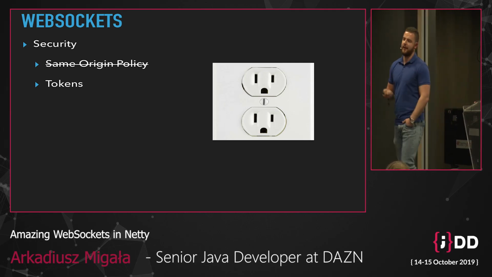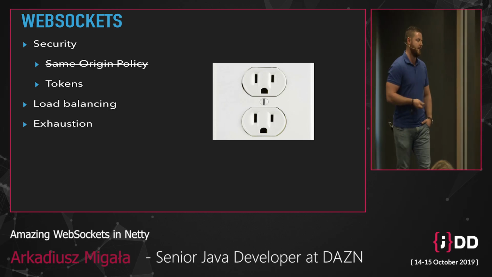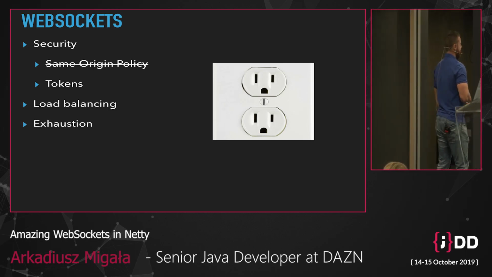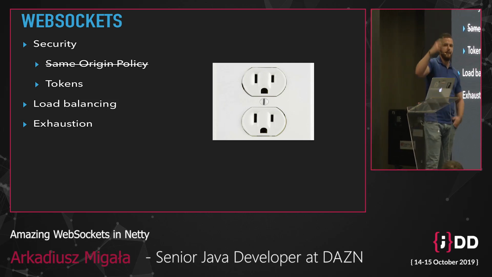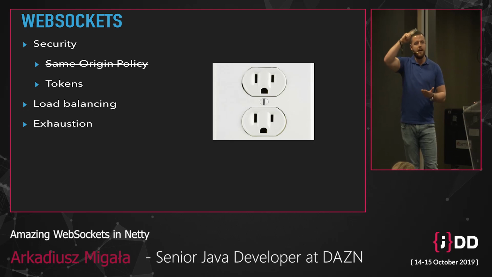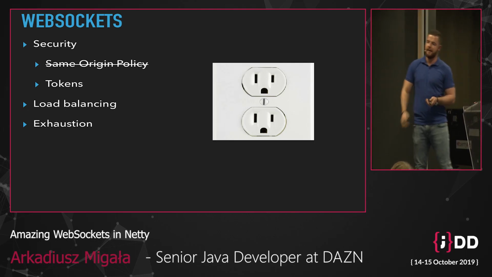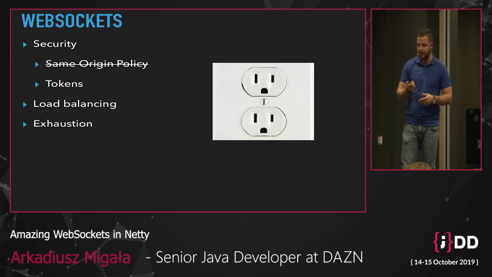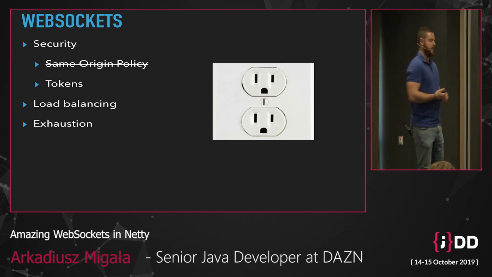It is also good practice to add tokens to the request. But load balancing can be tricky here, because if we have multiple instances, then we want one client to be handled each time by the same server. It can be tricky, but some load balancers handle this situation.